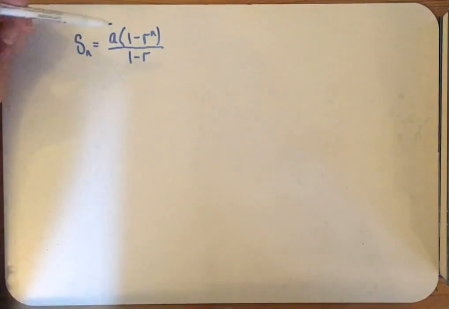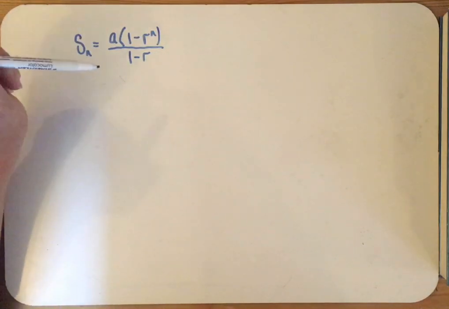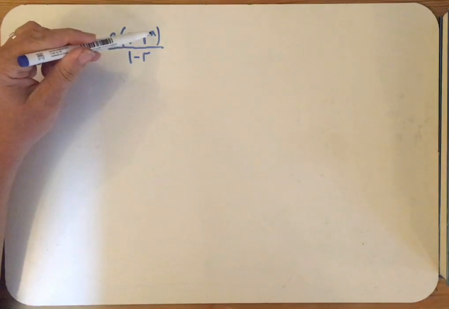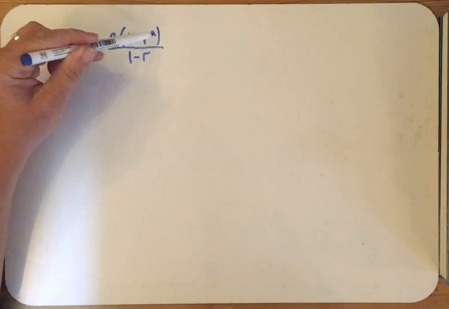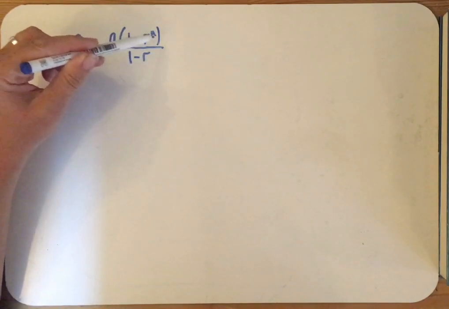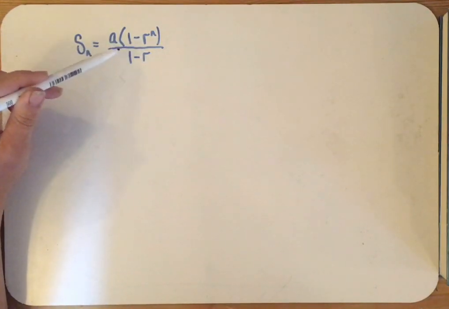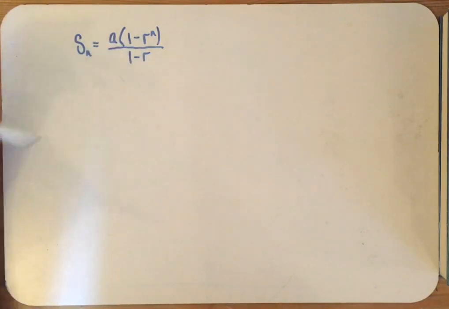Then provided r is between minus 1 and 1, then as n approaches infinity, r to the power n will approach 0, and the series will converge to a over 1 minus r.